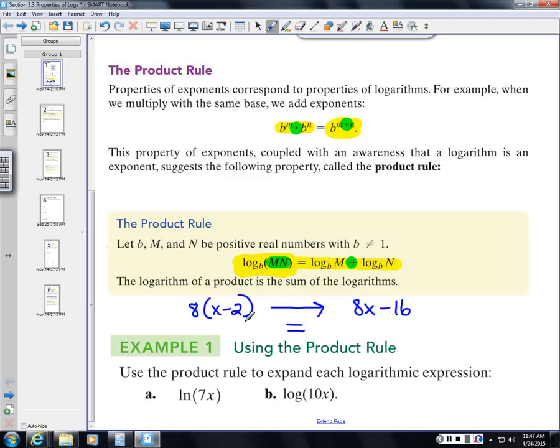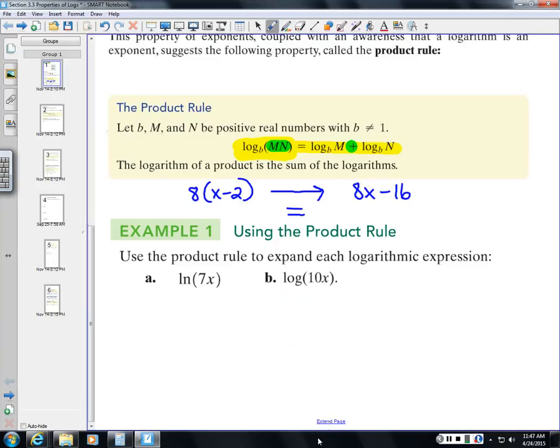It's just that one of them is factored and one of them is not. Sometimes we need it to be factored and sometimes we need to expand it out. It's very similar with properties of logs. Sometimes we need it condensed, or in what we would consider a factored form. Sometimes we need it expanded all the way out so we can look at everything. And that's where the product rule comes in.